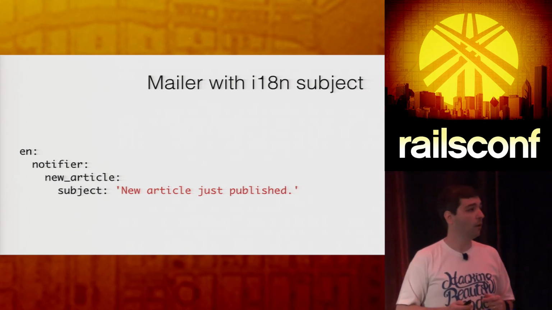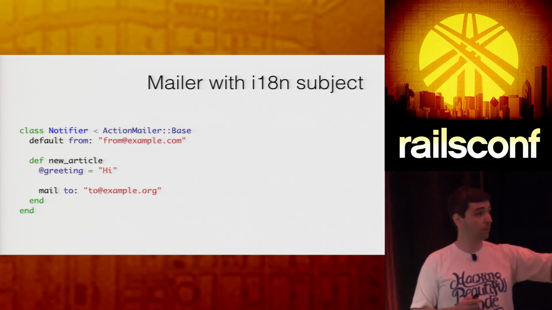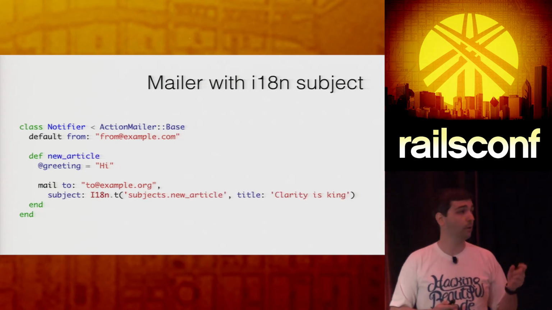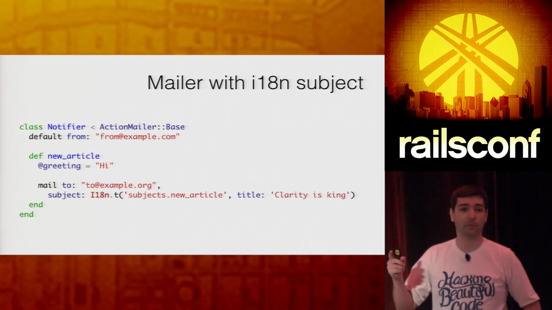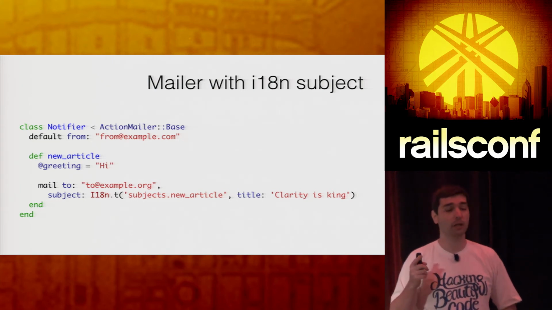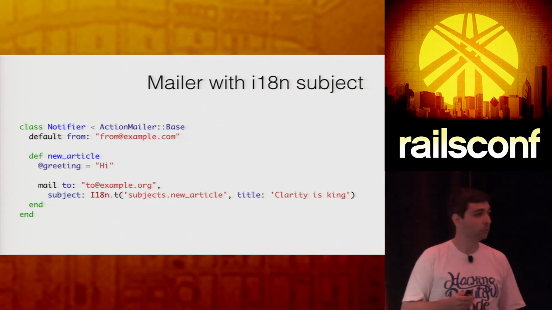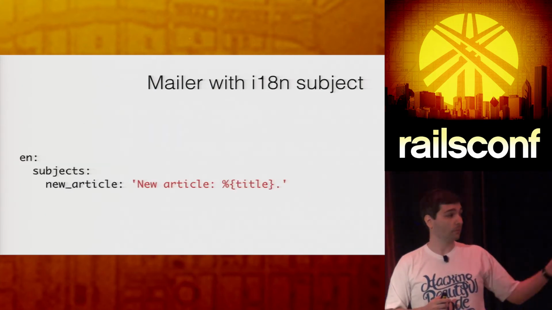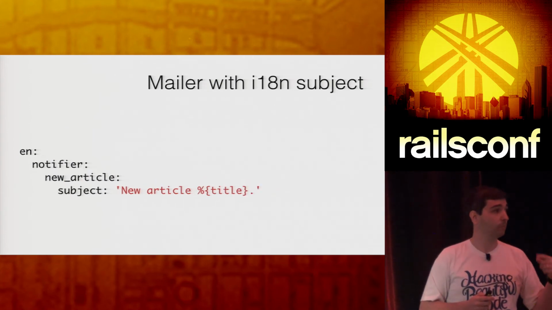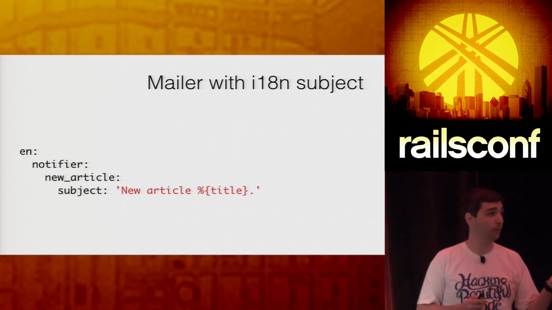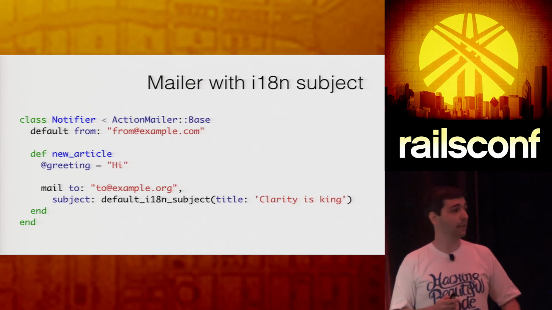But then you can remove the subject call, and you can ask me, okay, what if I need to pass in some interpolation variable to the I18n call? Well, that's fine too. You would use it like that, but you can change the locale file too, right? And use it like this.